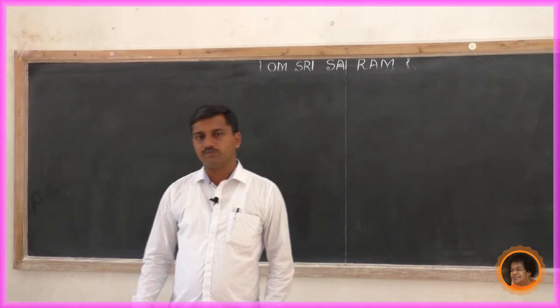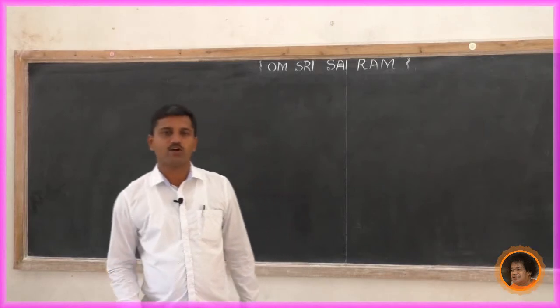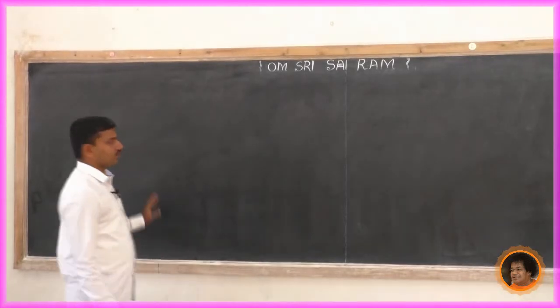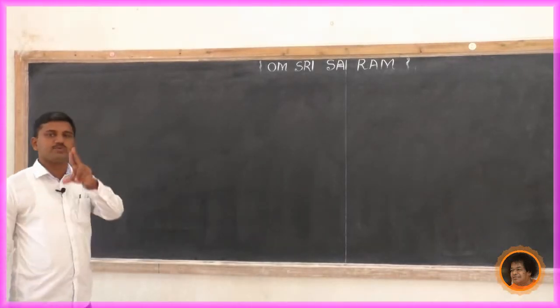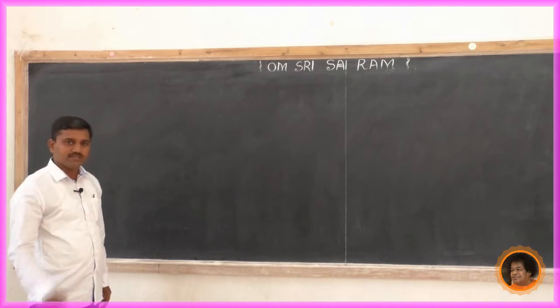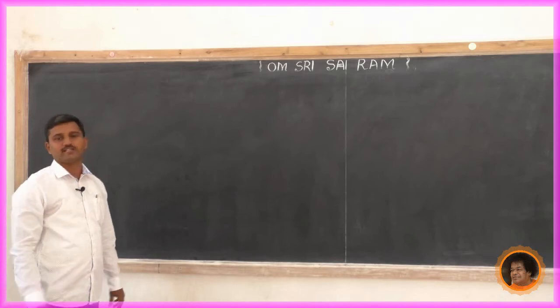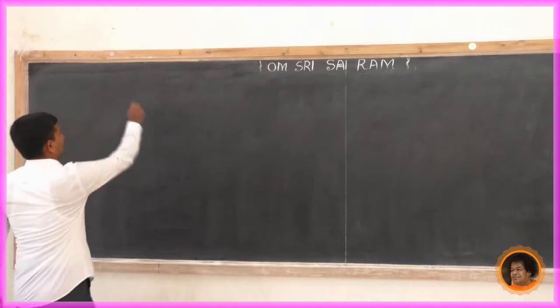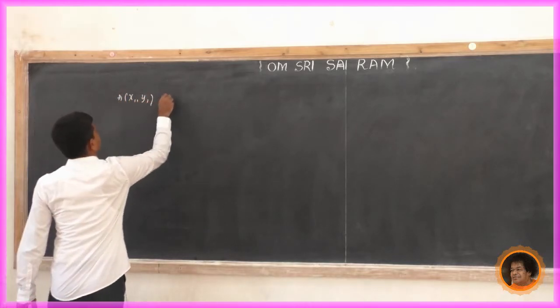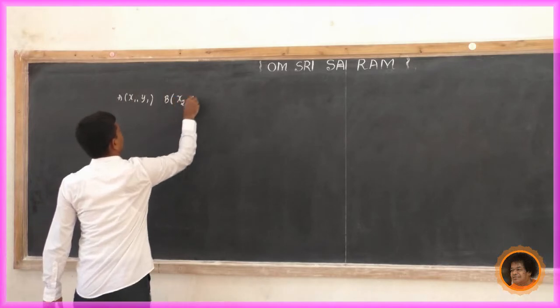Dear students, before winding up the lesson, we shall recall what we learnt in this lesson. In coordinate geometry, how to find the distance between any two points on the Cartesian plane, if the two points are x1, y1 and x2, y2. Let the point A be x1, y1 and the point B be x2, y2.